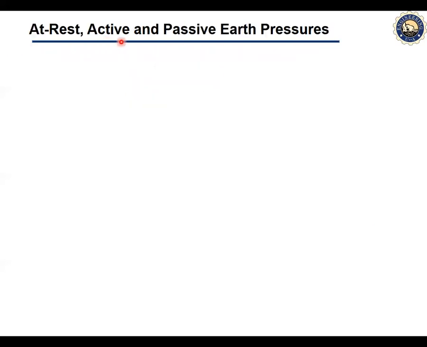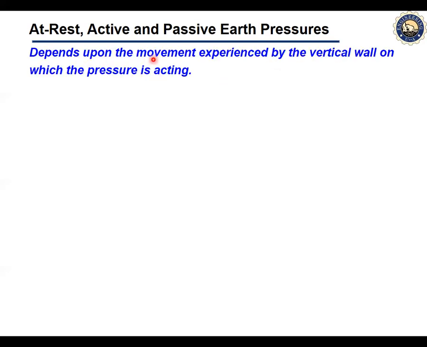At rest, active, and passive earth pressure. These are the three forms of earth pressures that depend upon the movement experienced by the vertical one on which the pressure is acting.